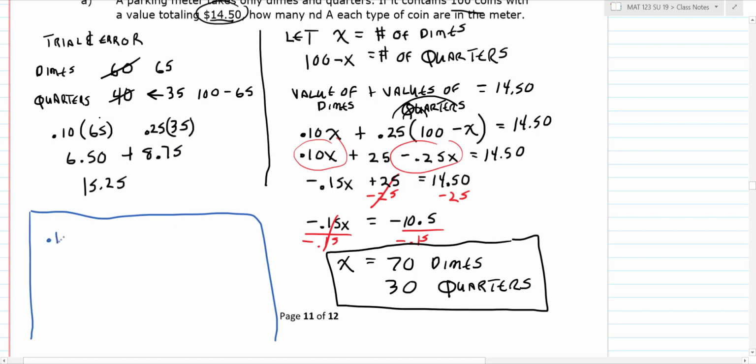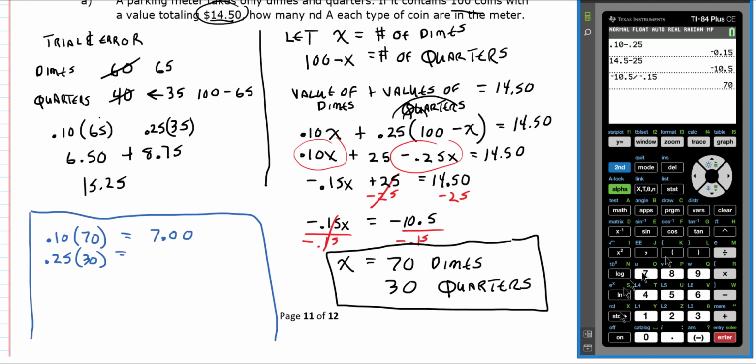So the value of your dimes would be $7. Okay, 70 dimes is $7. The value of your quarters, you could use a calculator if you needed to on that, is 0.25 times the 30 quarters, and that value would be $7.50.